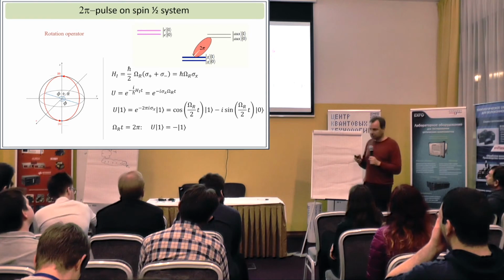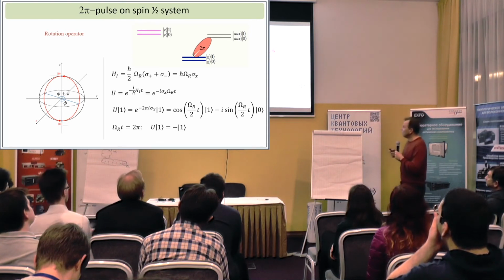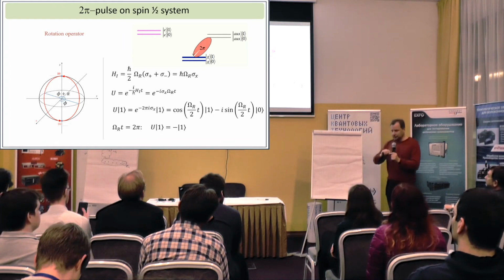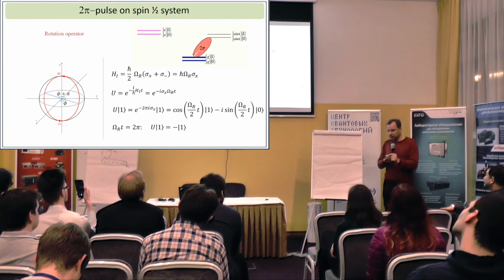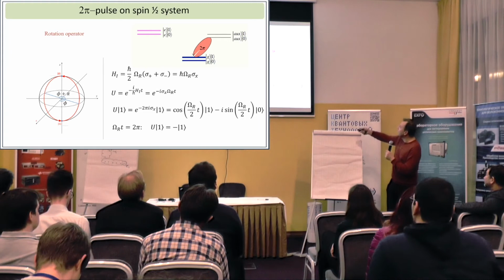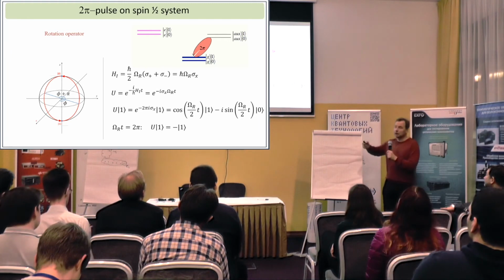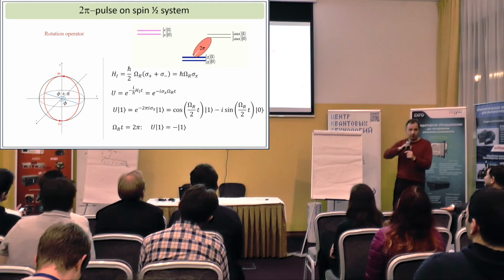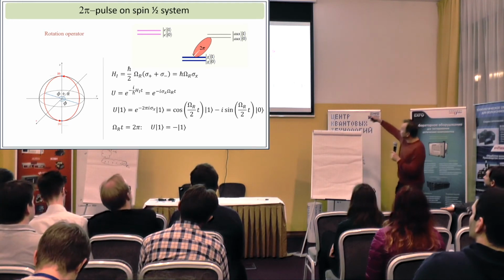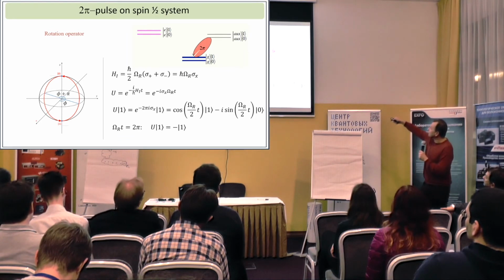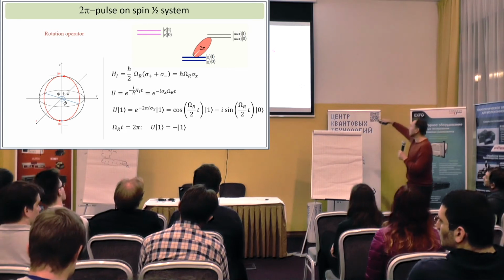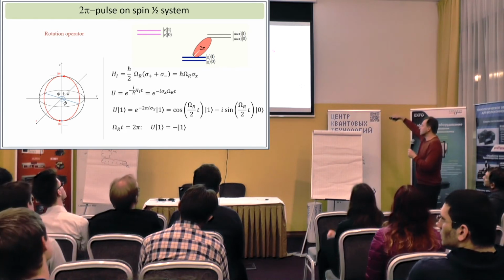But it's not true, because if we look at the expression for the wave function for a spin-1/2 system, we will see that during this operation we gain an additional phase, and the state will change to minus the state. So we basically change the sign of the state by using, for example, a 2π pulse on one of the states.